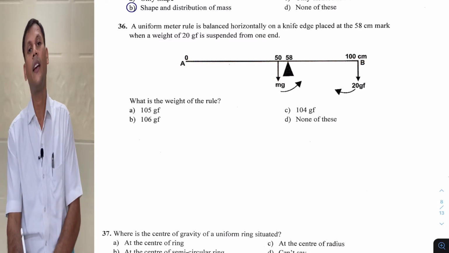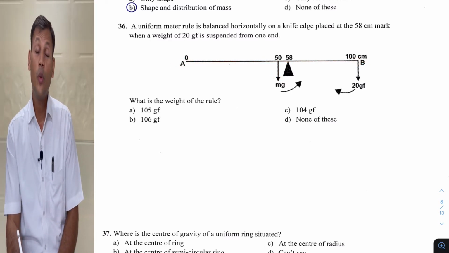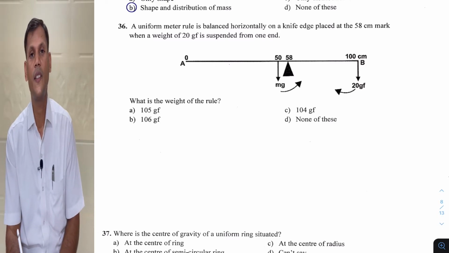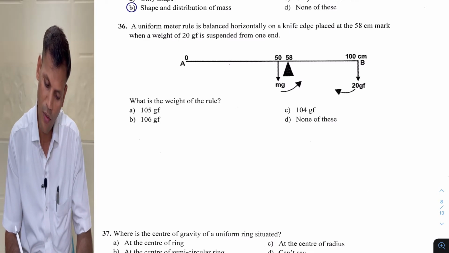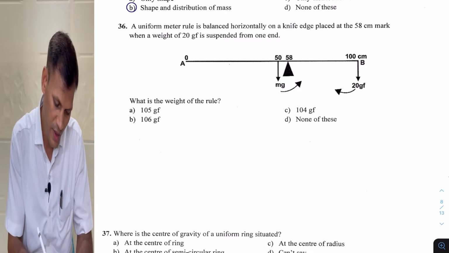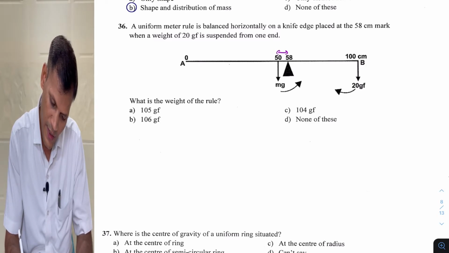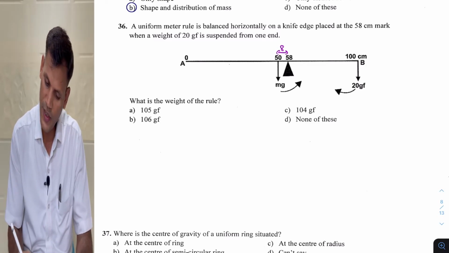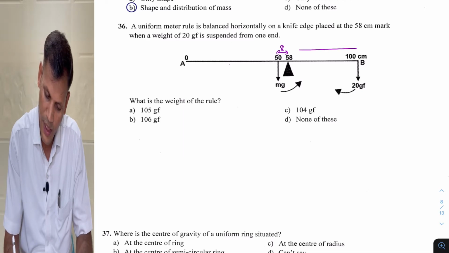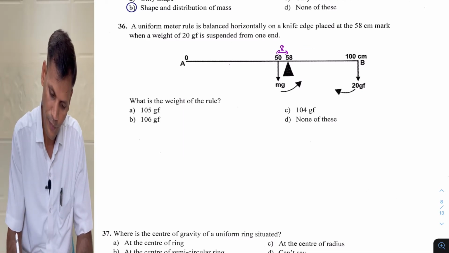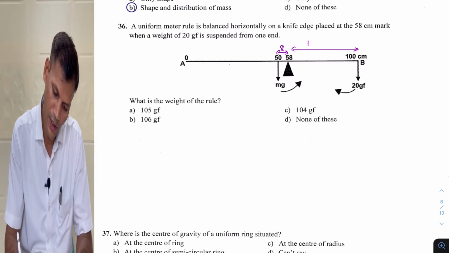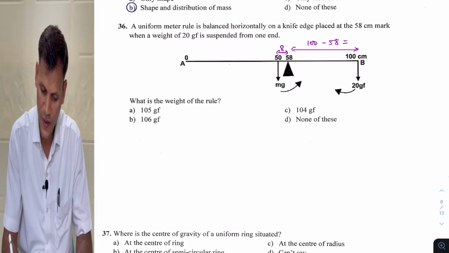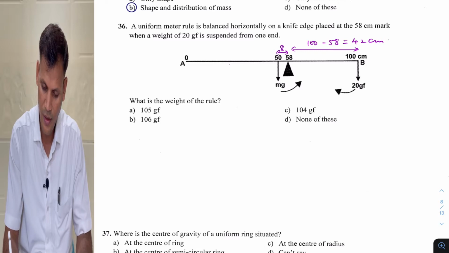We have studied, if it is at equilibrium, then total clockwise moment equals anti-clockwise moment. So what is the clockwise moment and what is the anti-clockwise moment? In this case, this distance will be 8 centimeter and mg is there, and this distance is 100 minus 58, which is 42 centimeter.